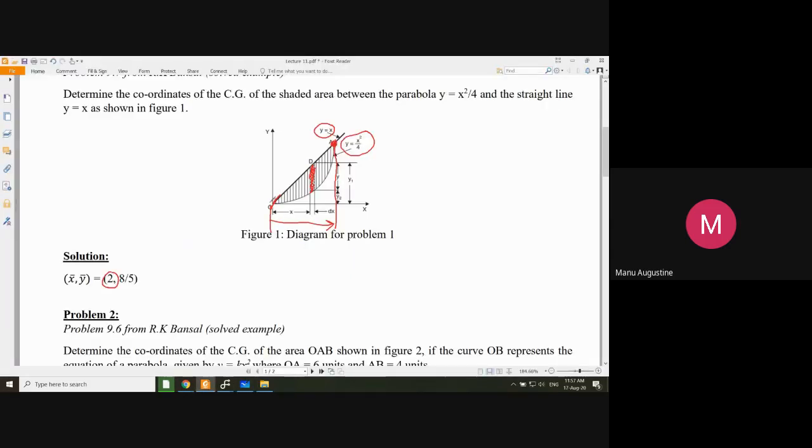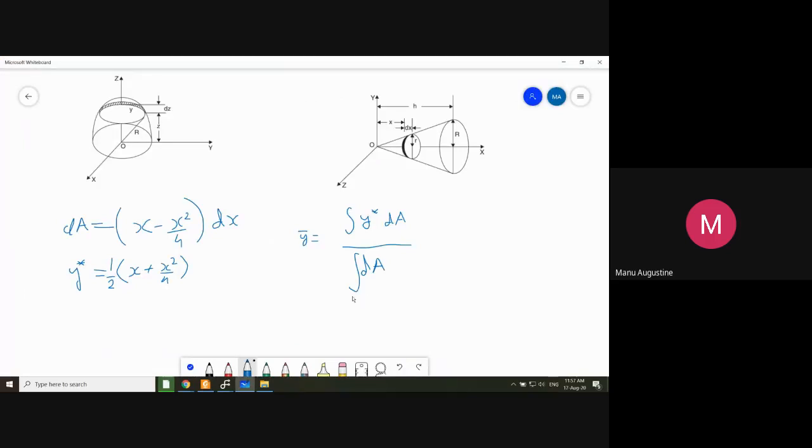That means 0 to 4. This was identified as 4, right? 4, yes. So integral 0 to 4, integral 0.